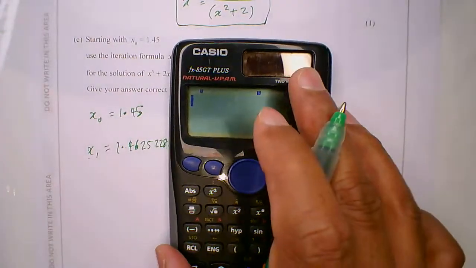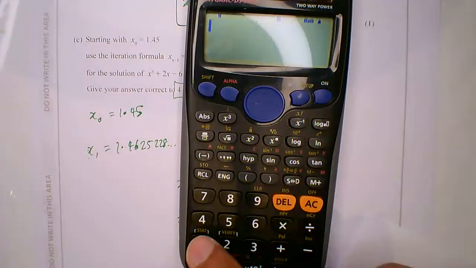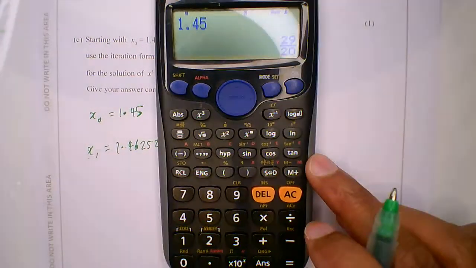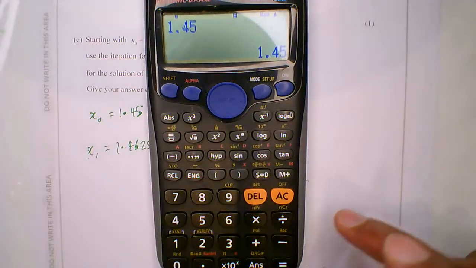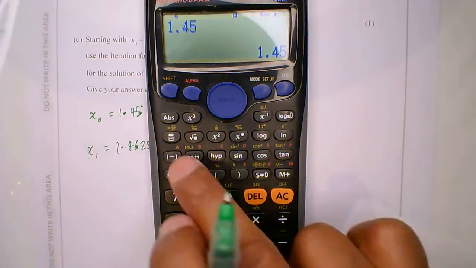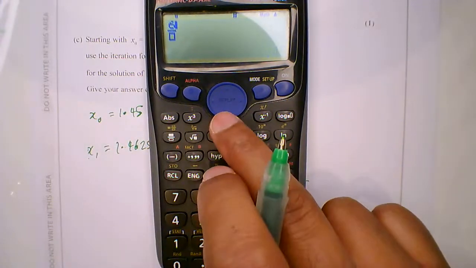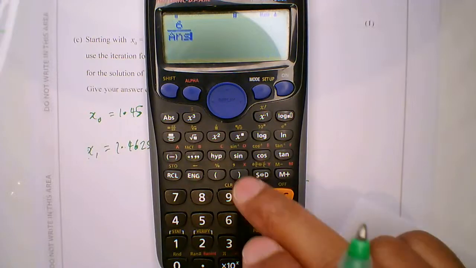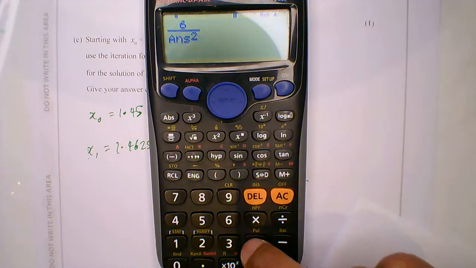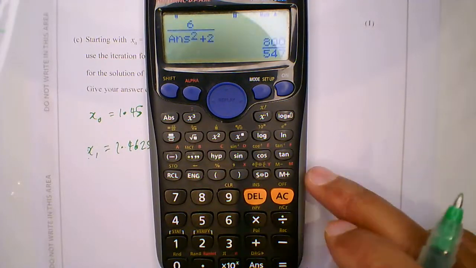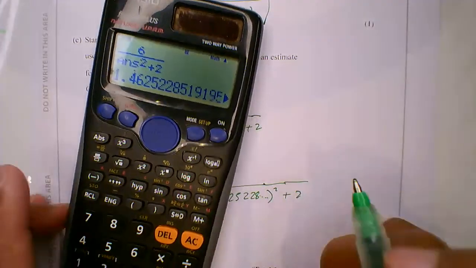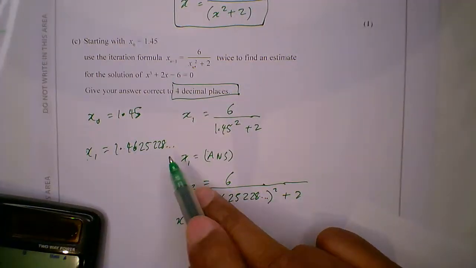So let me start again. I put 1.45 in, and that's my answer. Then I put 6 over the answer button squared plus 2, and you can see that was my x1, 1.4625.